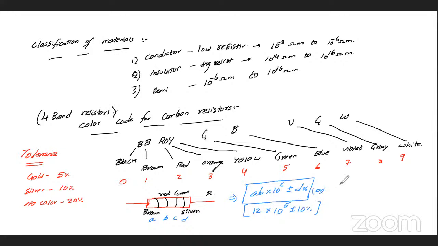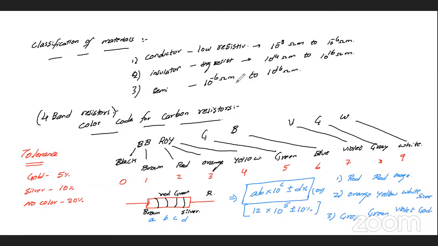Let's take more examples. The first is red, red, orange. The second is orange, yellow, white, silver. The third is gray, green, violet, gold.